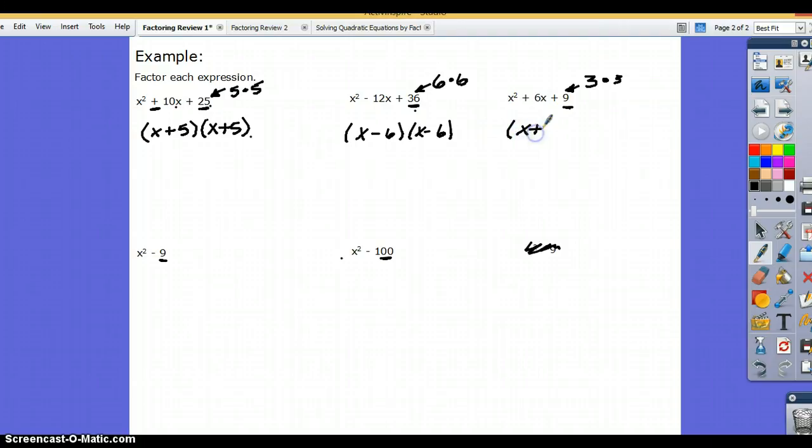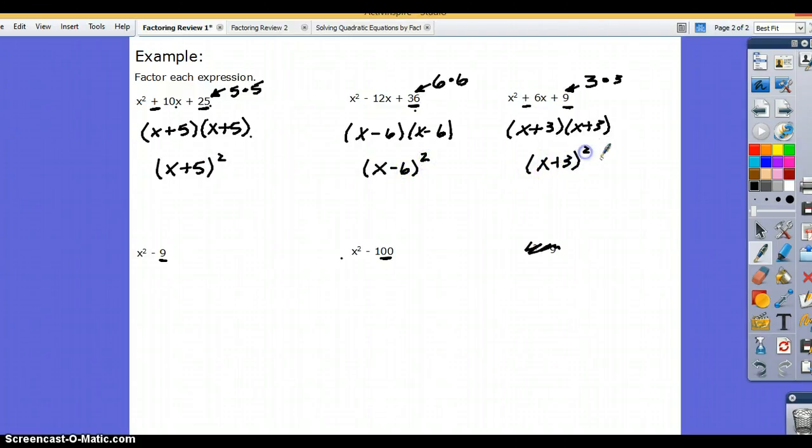So this is x plus 3, x plus 3, because of the plus. You can also write these as x plus 5 squared, x minus 6 squared, x plus 3 squared.